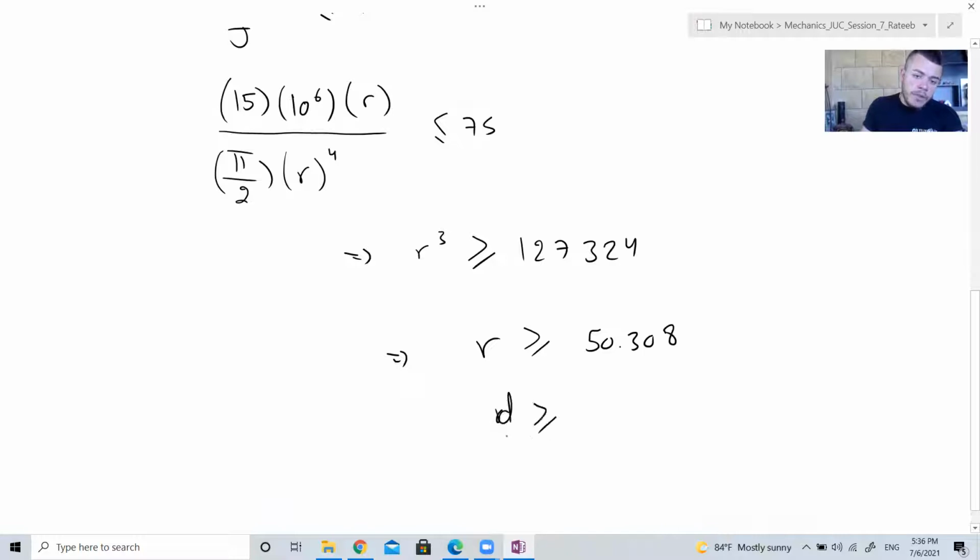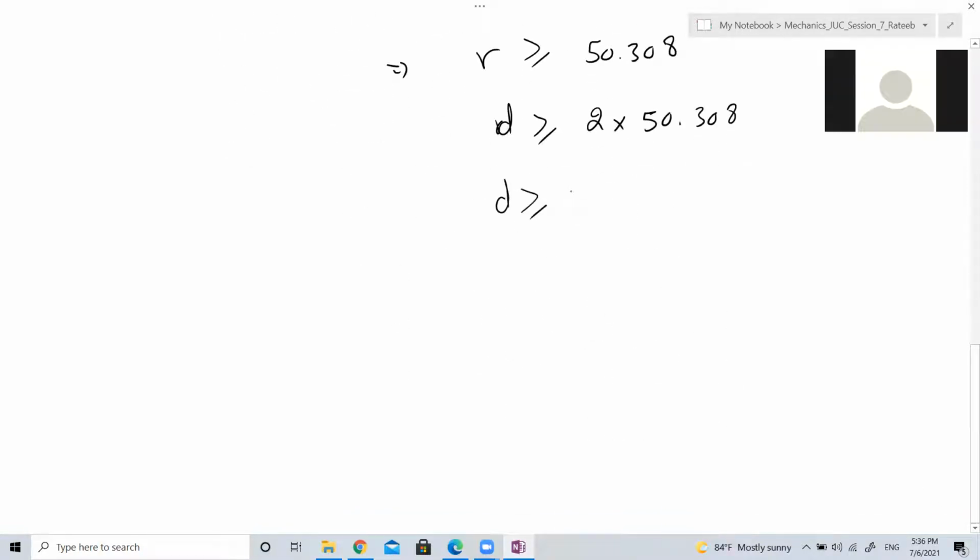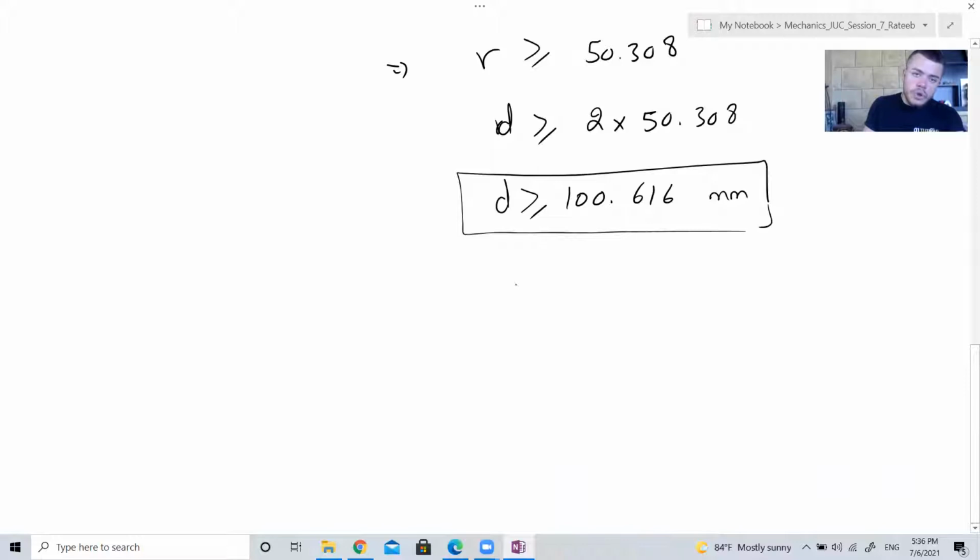So the diameter of the rod should be greater than or equal to 2 times 50.308. Why did I multiply by 2, Baraa? Because it's the diameter. So here the minimum diameter, do we take 100 or 101? 101. So this is the answer for the rod.